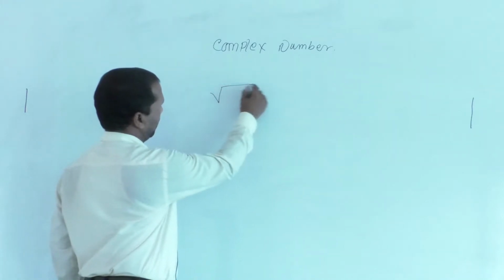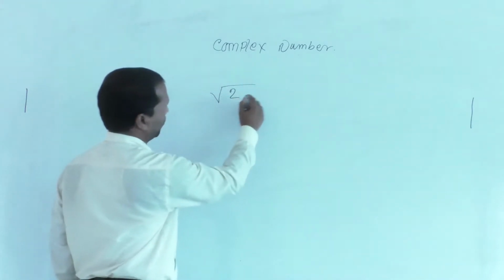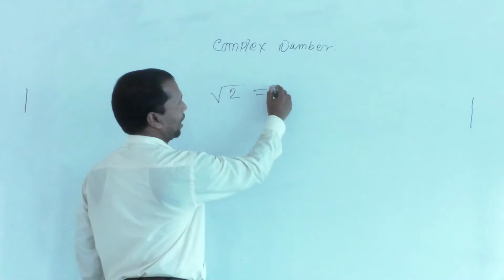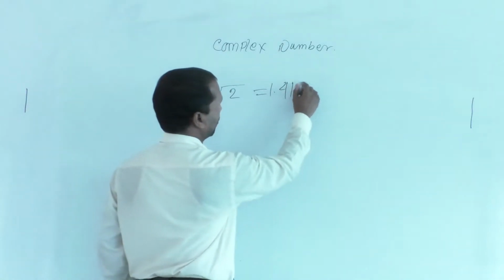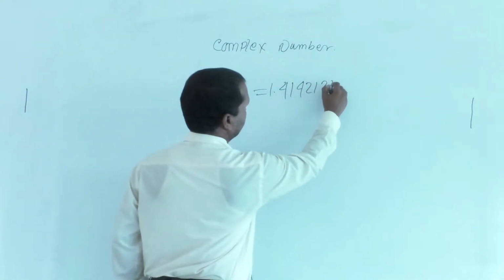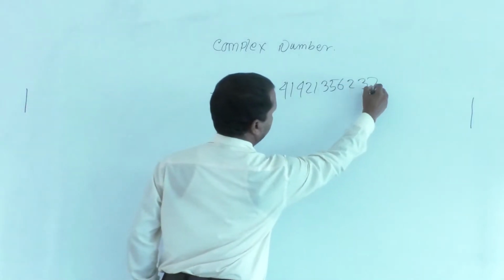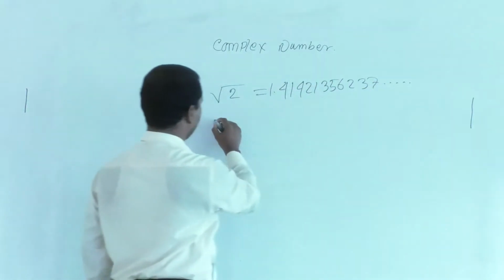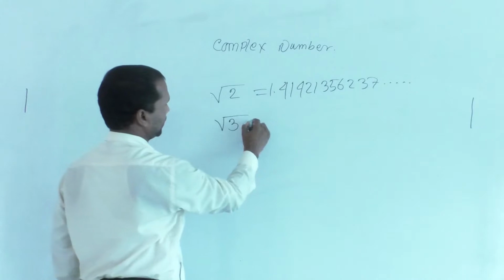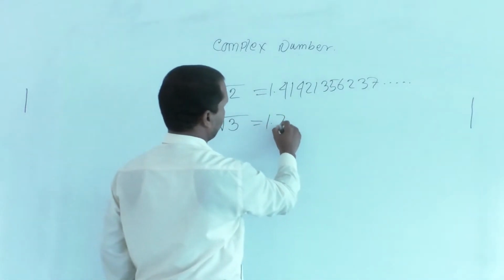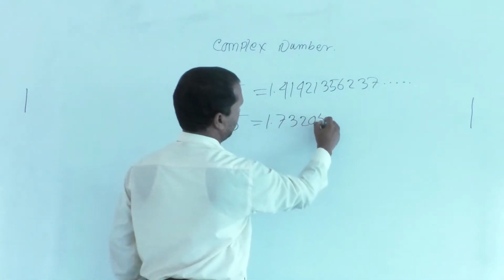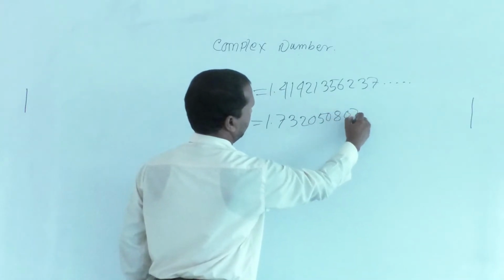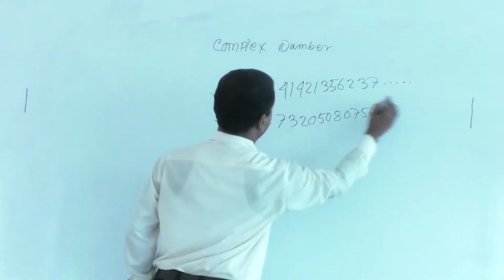If I ask you what is the value of root 2, you know the value of root 2 is 1.41421356237 and so on. Similarly, what is the value of root 3? Root 3 equals 1.732050807756 and so on.